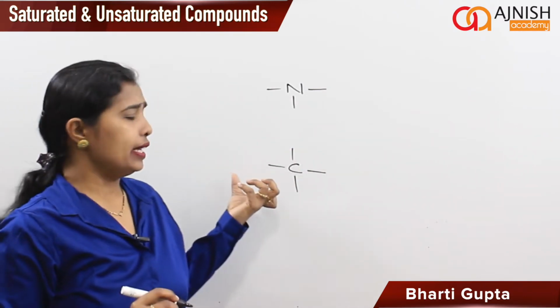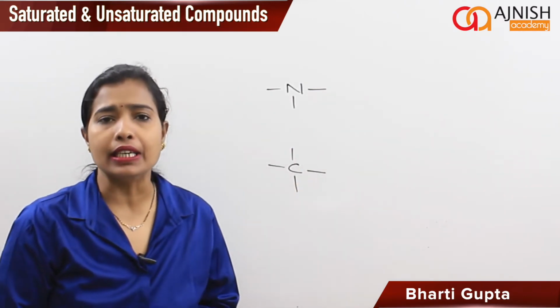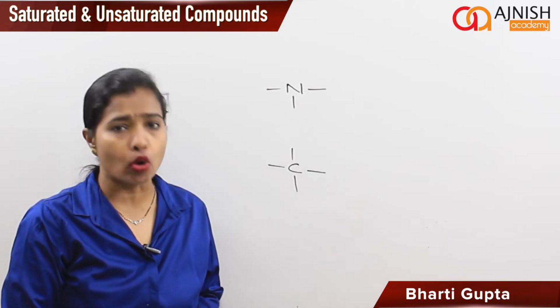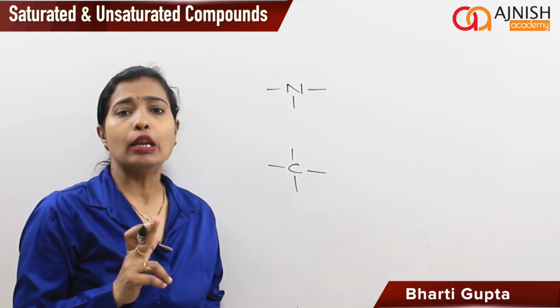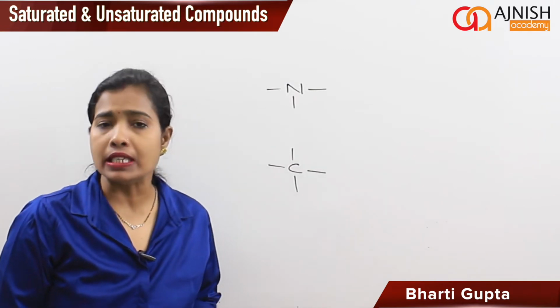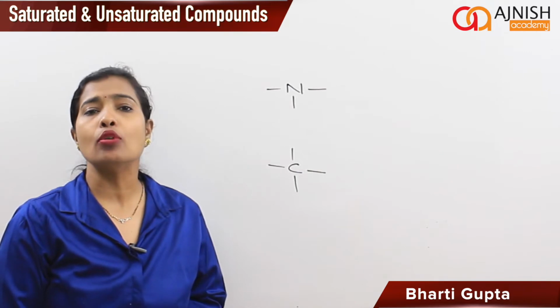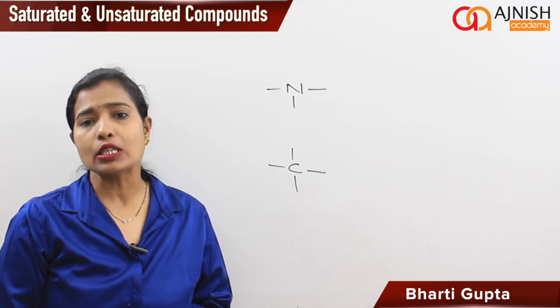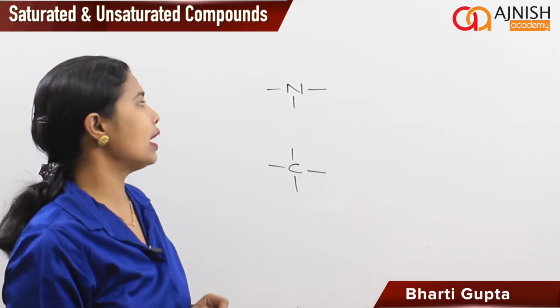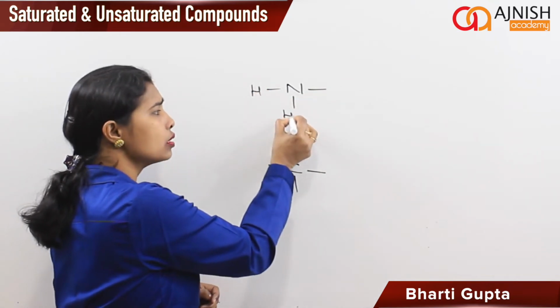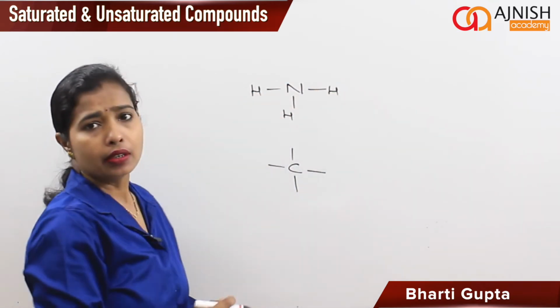So any element, to satisfy all its valency, when it forms only sigma bonds, such a compound formed is called a saturated compound. For example, if nitrogen forms all single bonds, we say it is saturated.